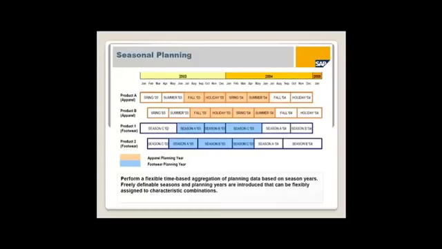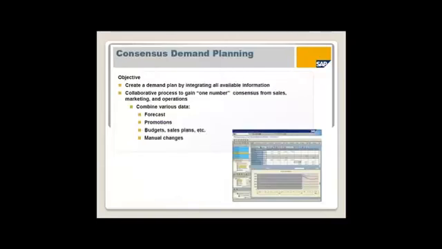And seasonal planning, we can capture and configure the season. For a particular season, you will get sales relevant to your previous season. And consensus meeting, as I told, all the teams, the demand planning team, sales team, marketing team, and everybody have a meeting, and they will propose one number.